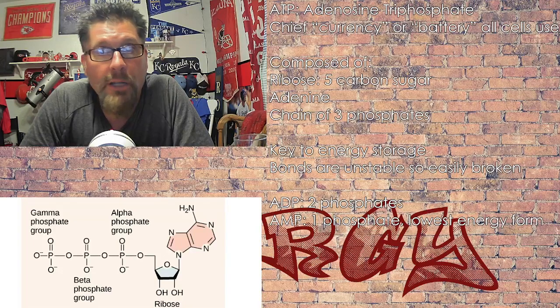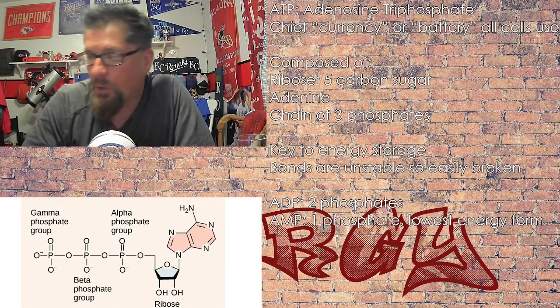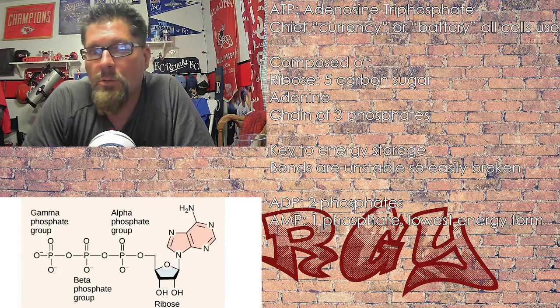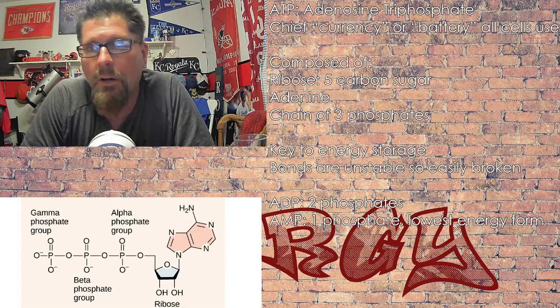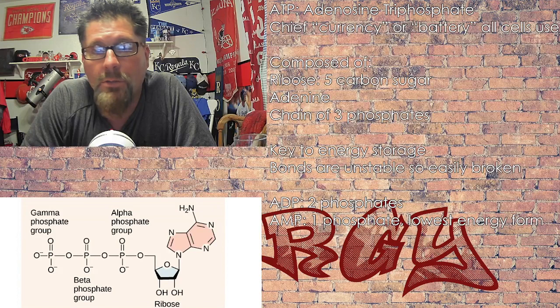Now we've looked at ATP back in macromolecules. Must have been, was it organelles, plasma membrane, anyway, somewhere. But we've looked at the structure of this, but we'll look at it here again. It's got three main components.